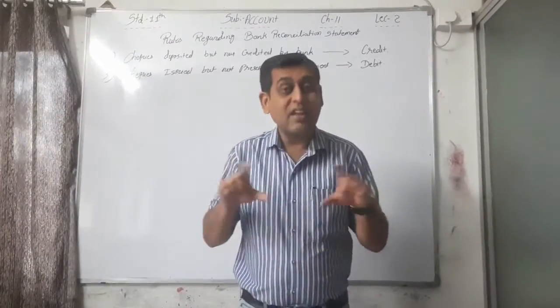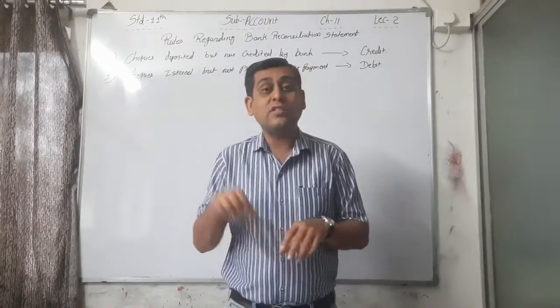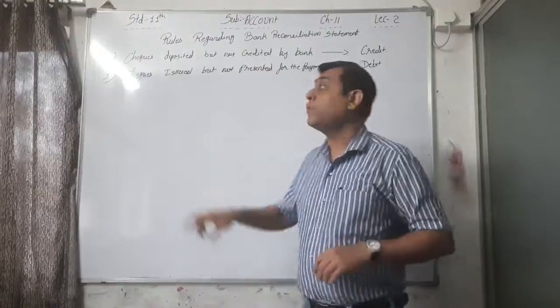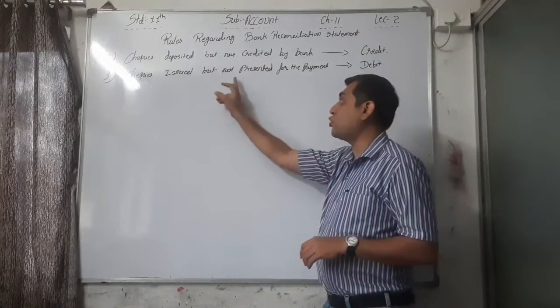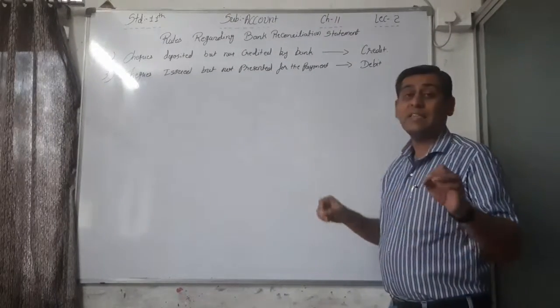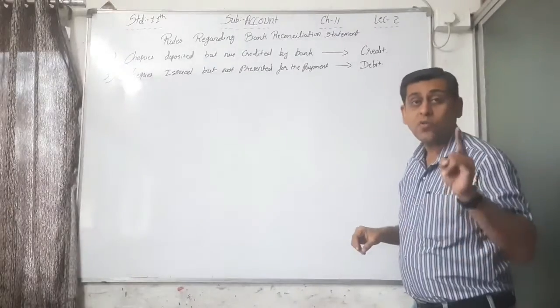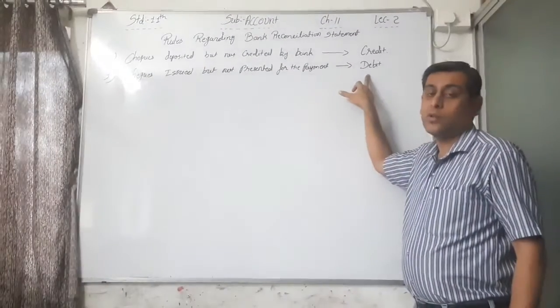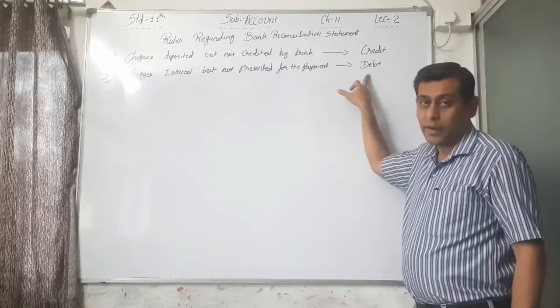So this is the reason for the difference. And what we have to do here, whenever a check is issued but not presented for payment is given in the question, we have to debit that particular amount in the bank reconciliation statement.